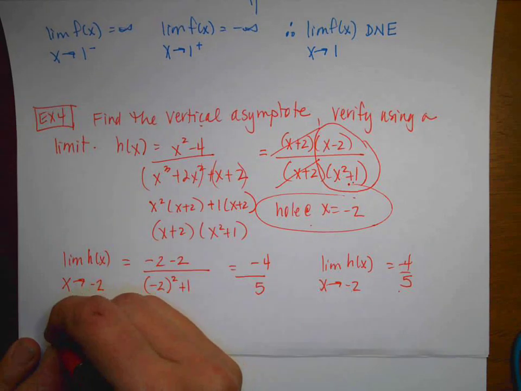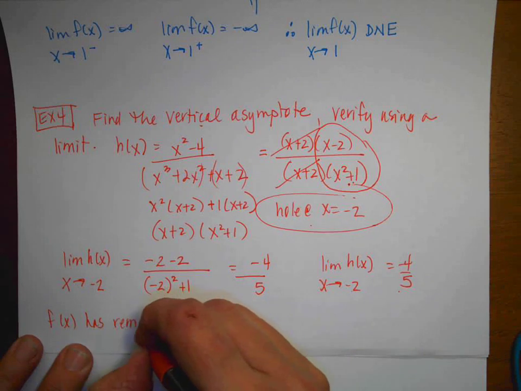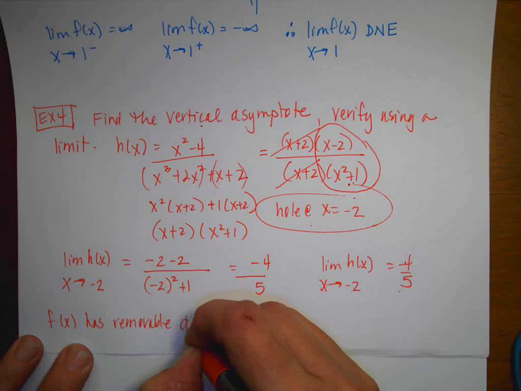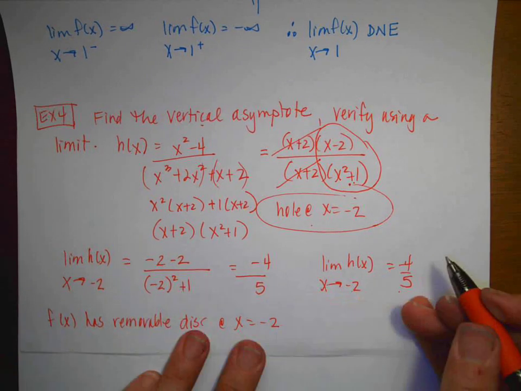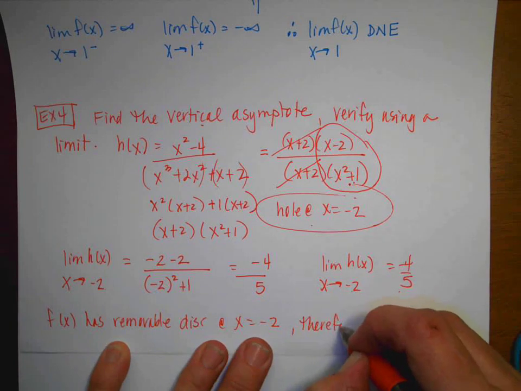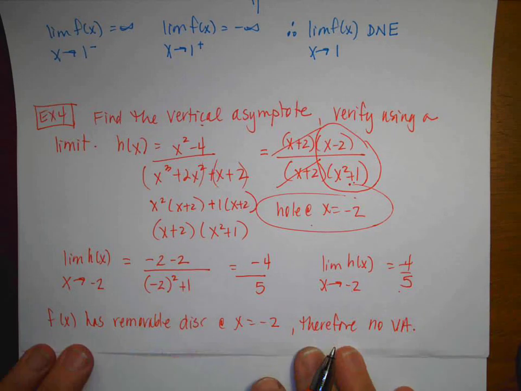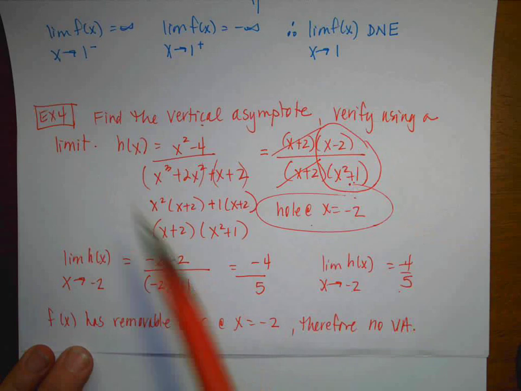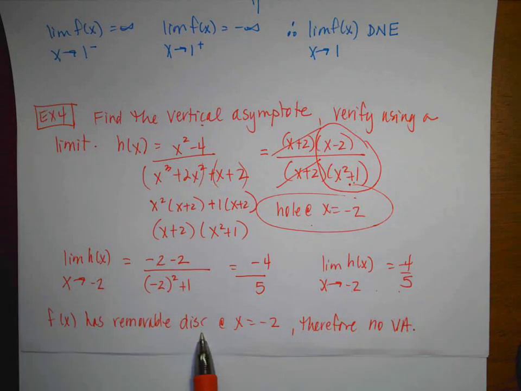So I would say when it says find the vertical asymptote, I would say h of x has a removable discontinuity at x is equal to negative 2. Therefore, no vertical asymptotes. Okay? And then it says verify using a limit. My limit is here. And so now I have made a simple and concise statement.